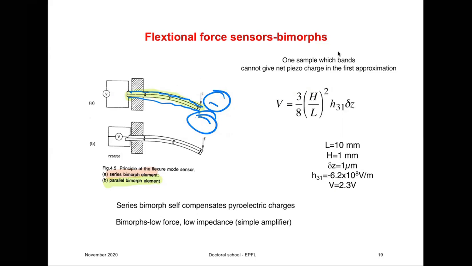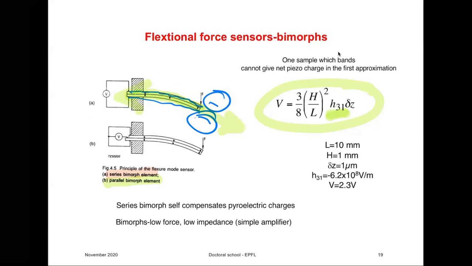In any case, we are using this expression to calculate the pressure. You see that we are using H31, so it's the transverse piezoelectric coefficient and not the longitudinal one. There will be, of course, longitudinal pressure, but the piezoelectric coefficient of interest is the deformation along the length.